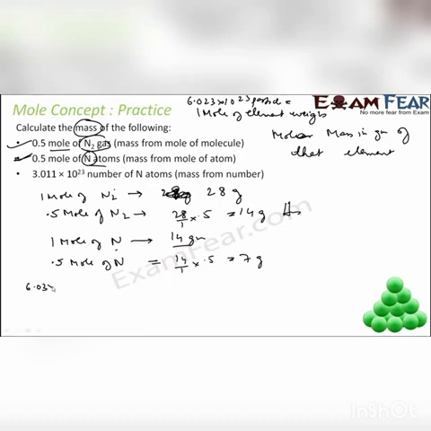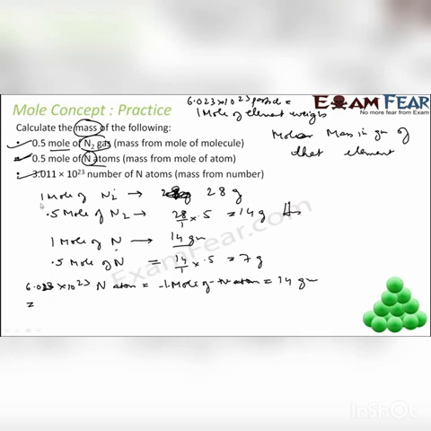So we know that 6.023 into 10 to the power 23 N atoms is equal to 1 mole of N atoms, and that is equal to 14 grams. So we'll have atoms, particles and the weight in one equation now.